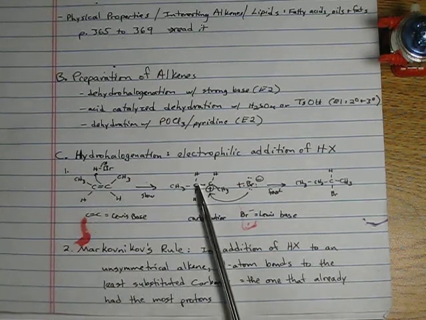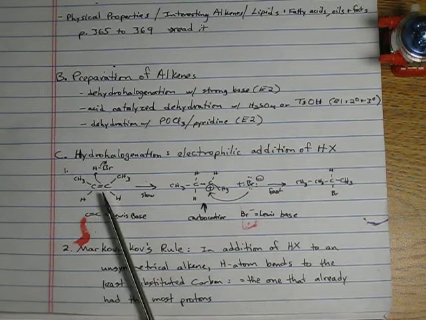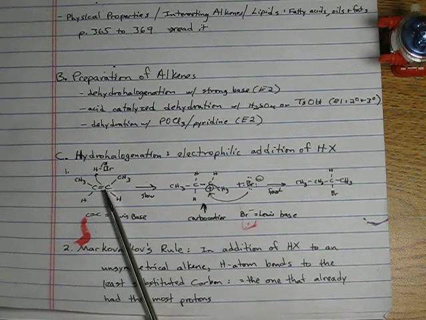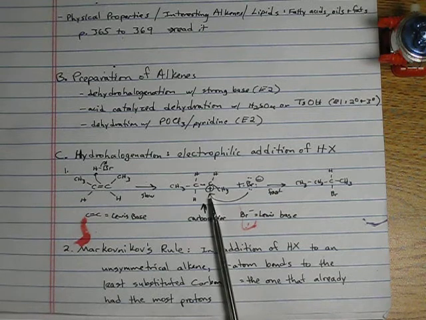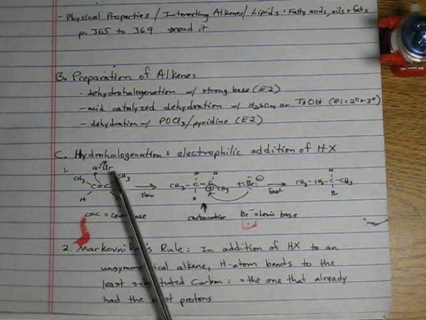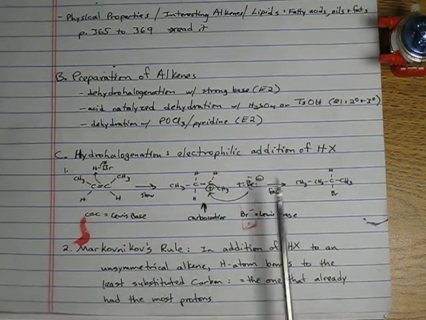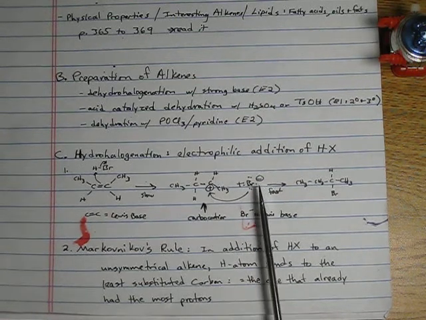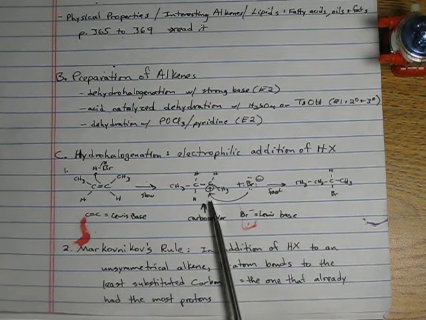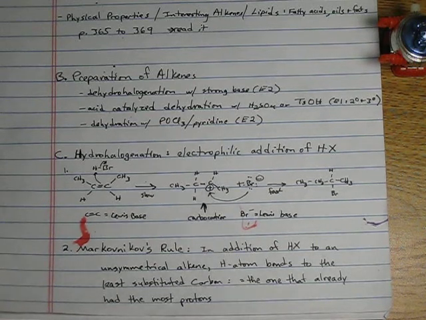So let's say this carbon on the left here got the hydrogen. Well, what happens to the other carbon? If this carbon got the hydrogen, the other carbon is a carbocation. Then we've got Br minus that we also formed in the reaction. Br minus, not the best of nucleophiles, but we've got a nice old carbocation here. So the bromide will come in and attack the carbocation and add the bromine on there.